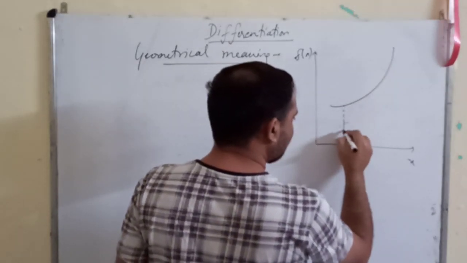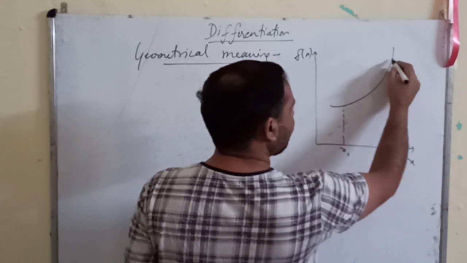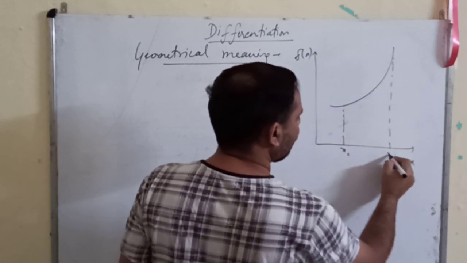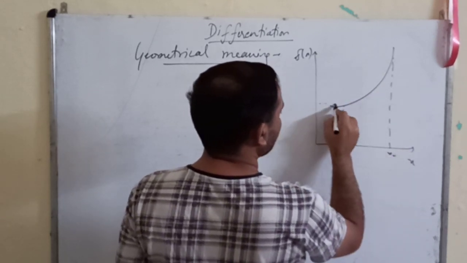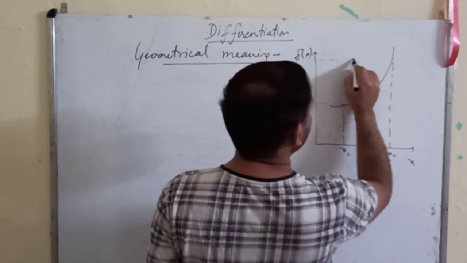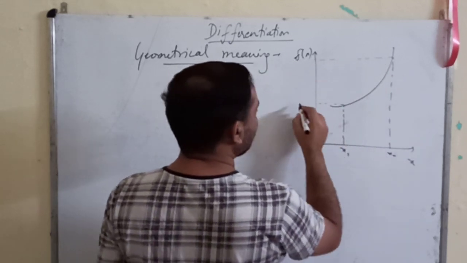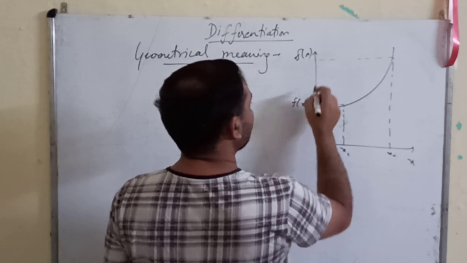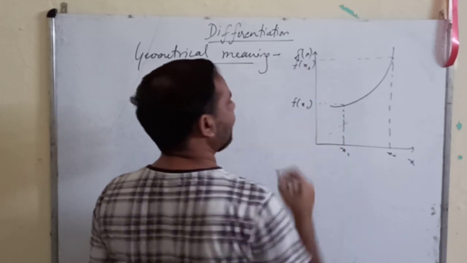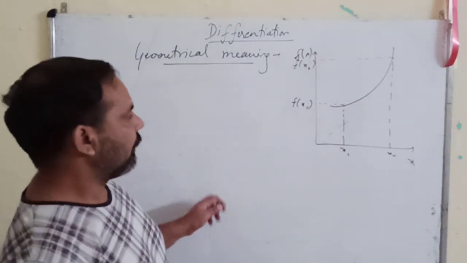So we take two points, x1 and x2. Their function values at x1 and x2 are f(x1) and f(x2).